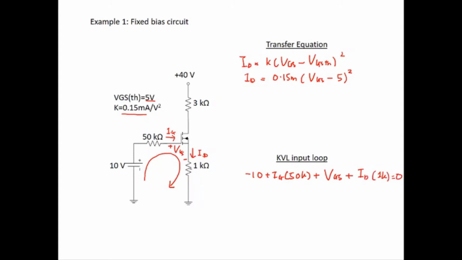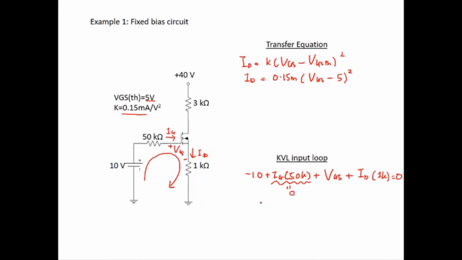For the 1K, the current here is ID. I put ID, not IS, although this is connected at the source, because the current at the source is equal to the current at the drain. And you know that IG is equal to 0, so this term is also equal to 0.